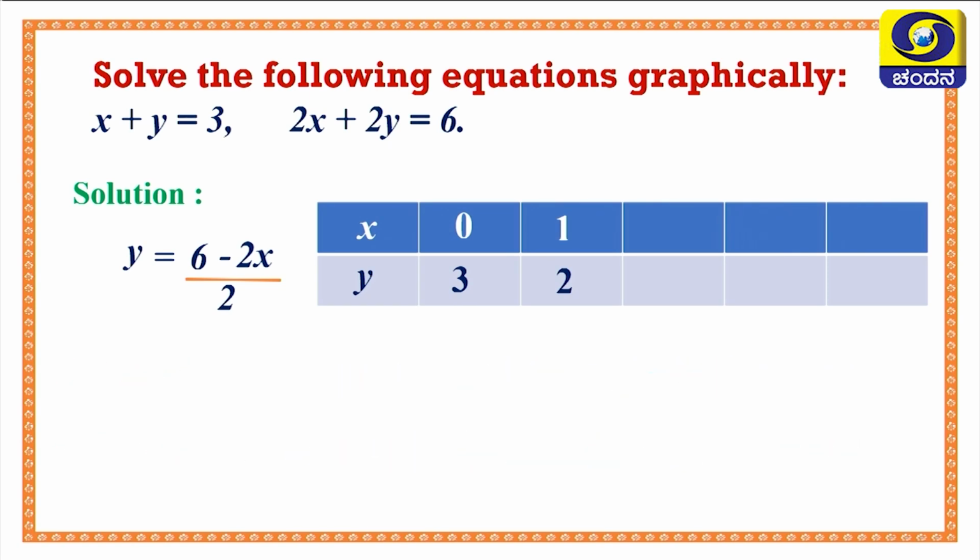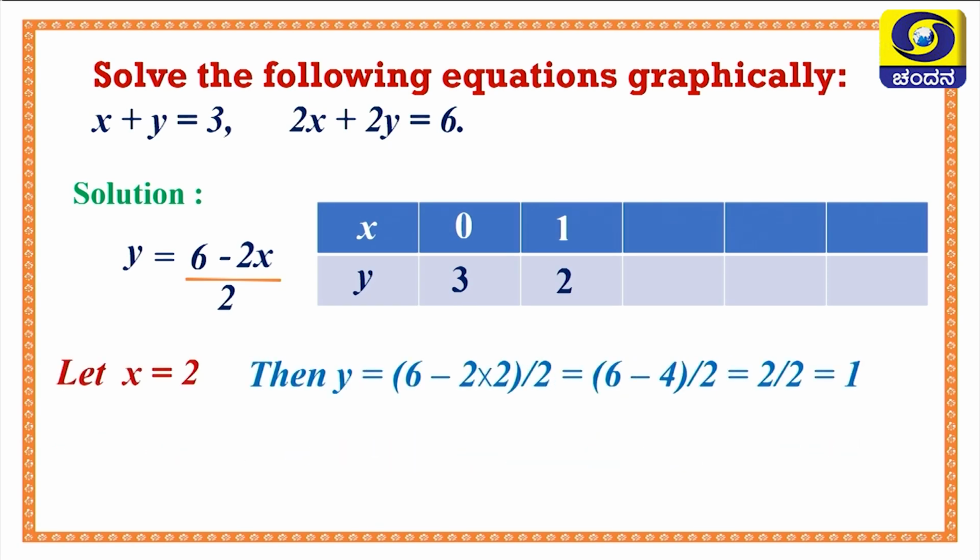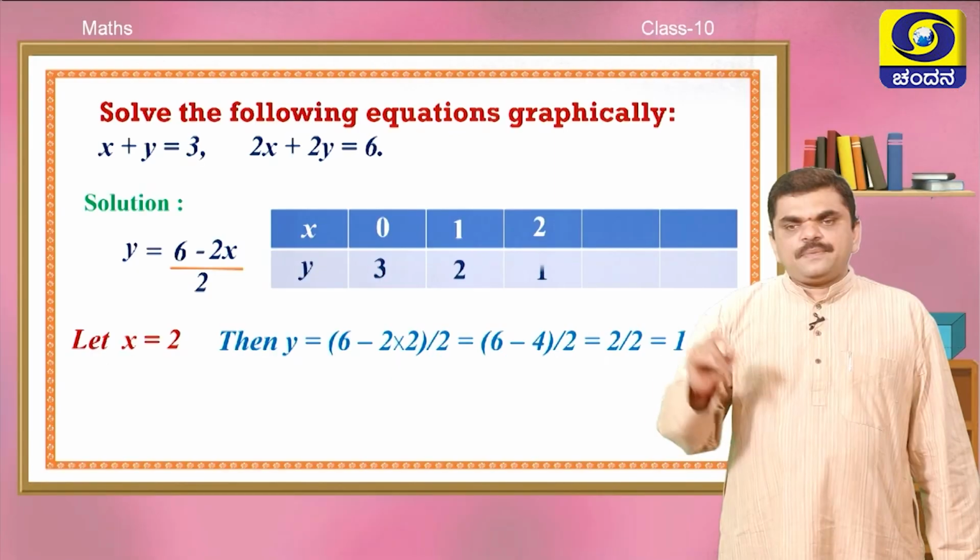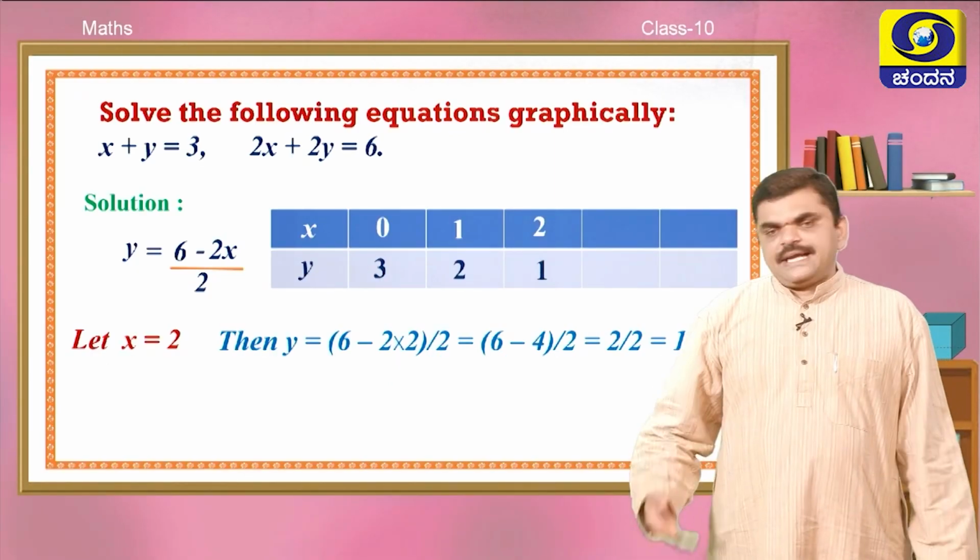And again put the value of x as 2, y is equal to (6 minus 2 into 2) divided by 2, that is 6 minus 4 divided by 2, that is 2 by 2, that is equal to 1. So, when x becomes 2, y becomes 1, right, children.